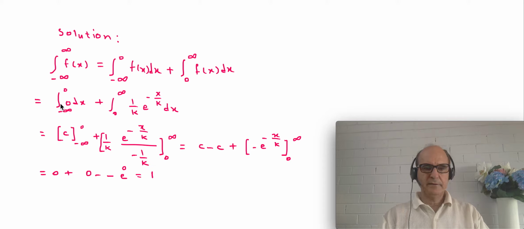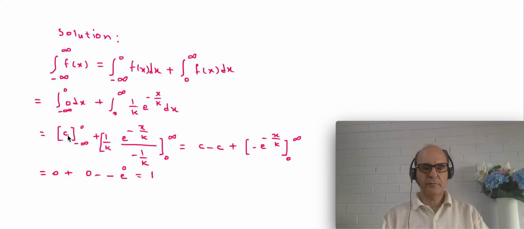Integrating that, the integral of 0 is a constant value like c, and the integral of an exponential function like e to the minus x on k is e to the minus x on k over minus 1 on k, which is the coefficient of x. And also we had 1 on k, which we need to multiply.